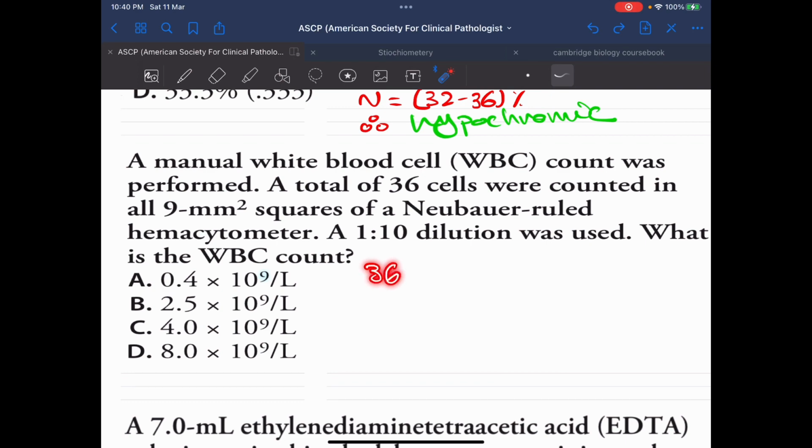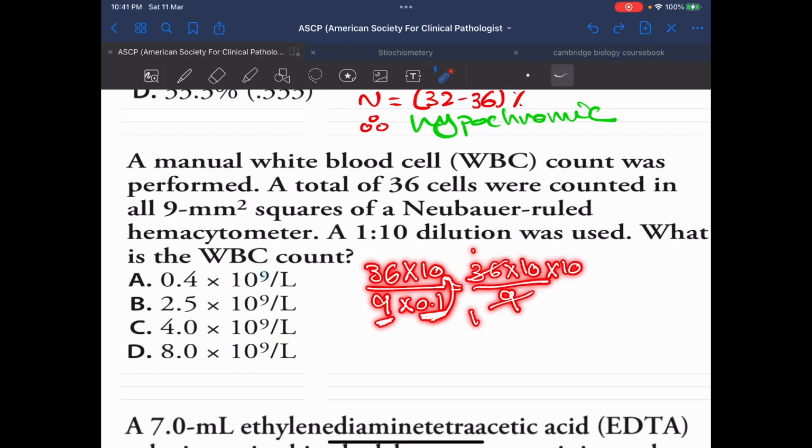Okay, again, 36, you will multiply by 10 dilution, divided by 9, the number of squares counted, and multiply by 0.1, which is the depth of the hemocytometer. Then it will be 36 by 10 divided by 9, and this 0.1 you will reverse, so it will be 10 again.